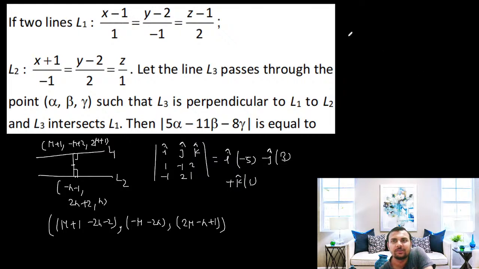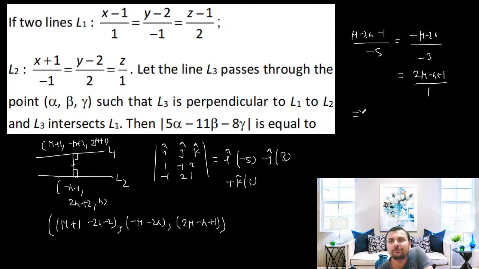That means mu minus 2 lambda minus 1 upon minus 5 is equal to minus mu minus 2 lambda upon minus 3 equal to 2 mu minus lambda plus 1 upon 1.